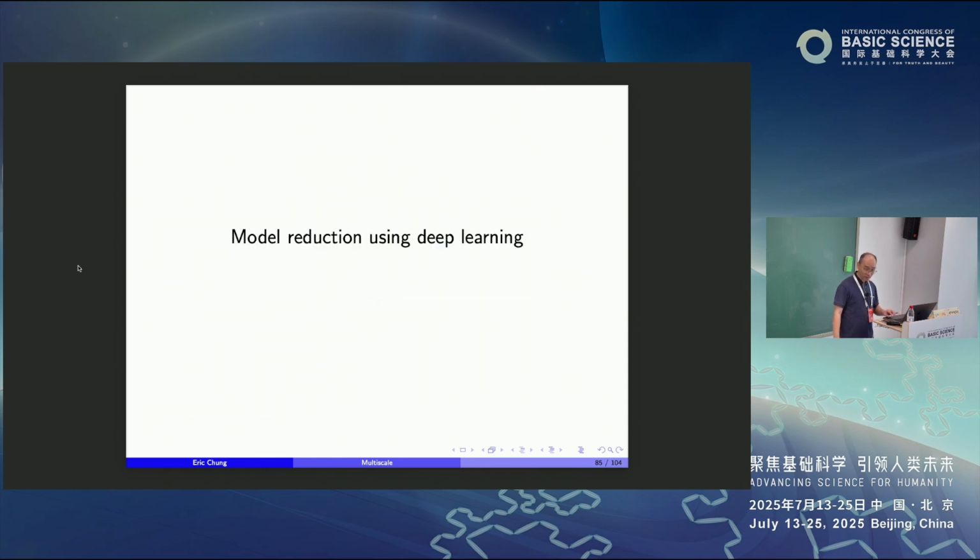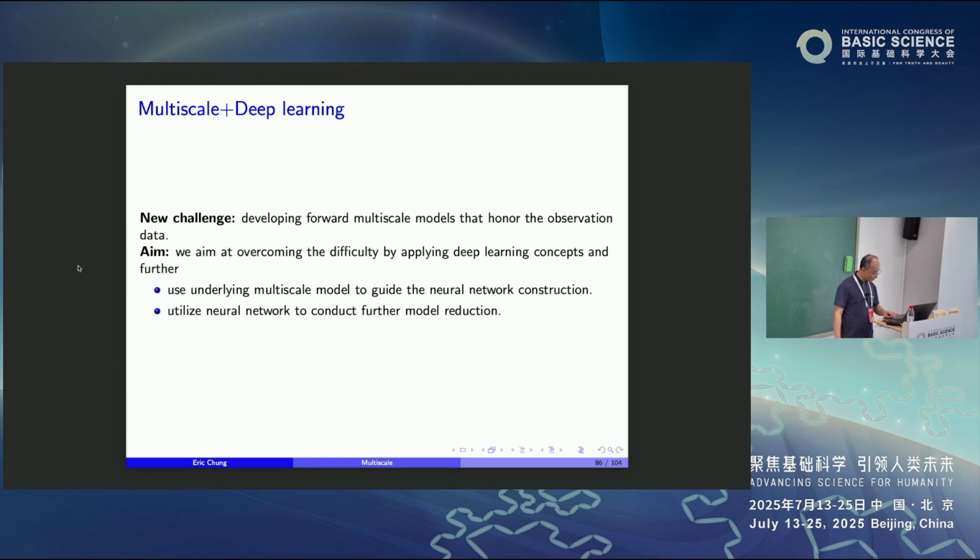I just mentioned that we can also try to use machine learning to solve. Here the main idea is that the whole method depends on finding some suitable basis. But for more general problems, these basis functions can be difficult to find.